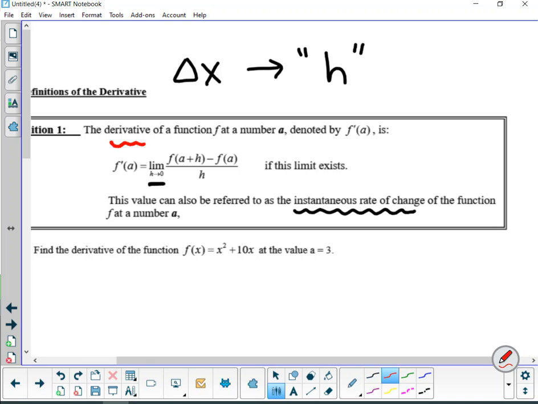It's called the derivative. It is notated with that notation, or multiple different notations, but that's one notation to say I want the derivative of f, or the instantaneous rate of change of f at x equals a. If you can calculate the limit, then the value of this limit is that derivative.